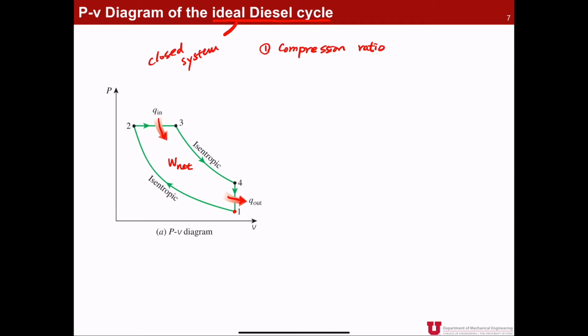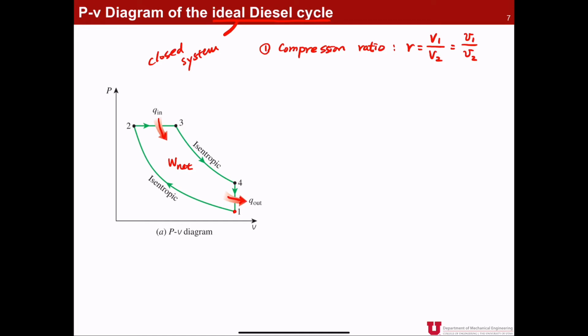Based on all these given conditions, the compression ratio is still defined in terms of the maximum volume to the minimum volume, or in this case V1 over V2, right? And because mass doesn't change, we can also express the compression ratio in terms of specific volume, v1 to this specific volume v2.